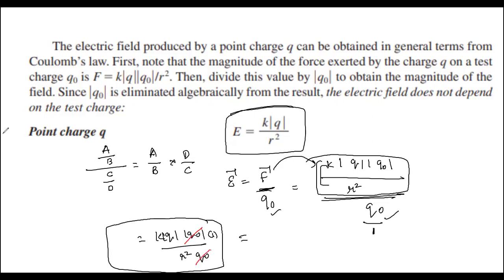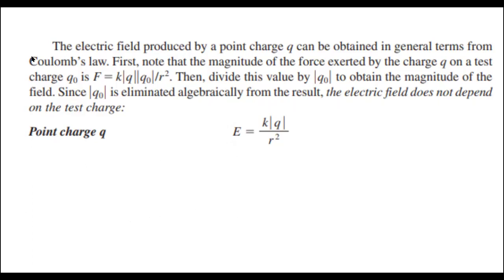So what's my final answer? Now what's left? K Q upon R square. So you can also use this formula to find the electric field value. Feel free to use this formula, or do it in the previous way in which we solved our question.